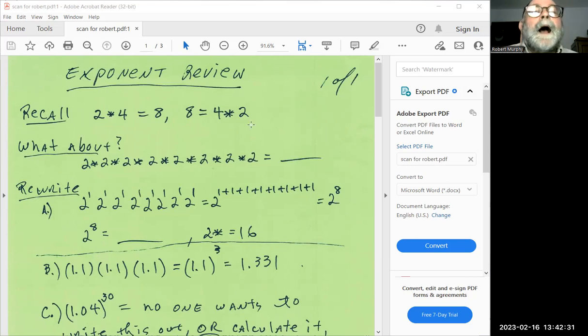Now, what if I have 2 times 2 times 2 times 2 times 2 times 2 times 2, right? Is there a better way to write that? That's where exponents come in really handy. I'm going to write it as 2 to the 1 power, and what that power means is 2 times itself is 2 to the 1 power.